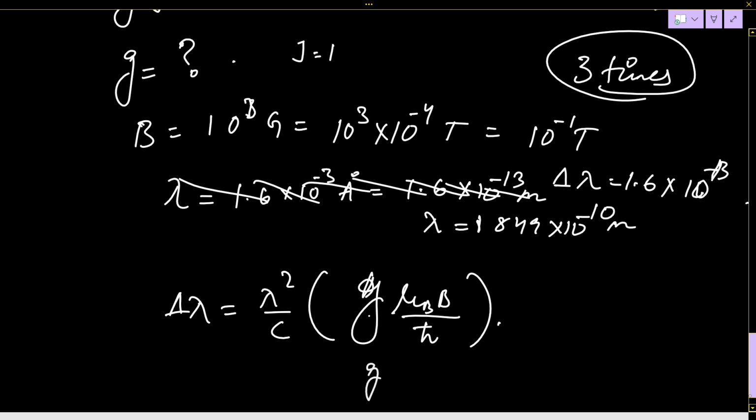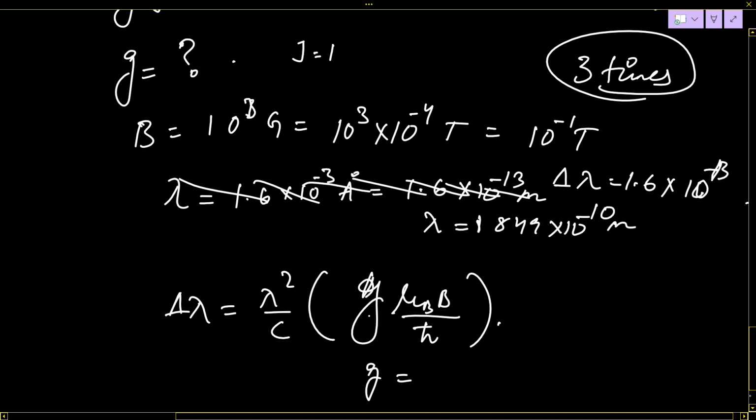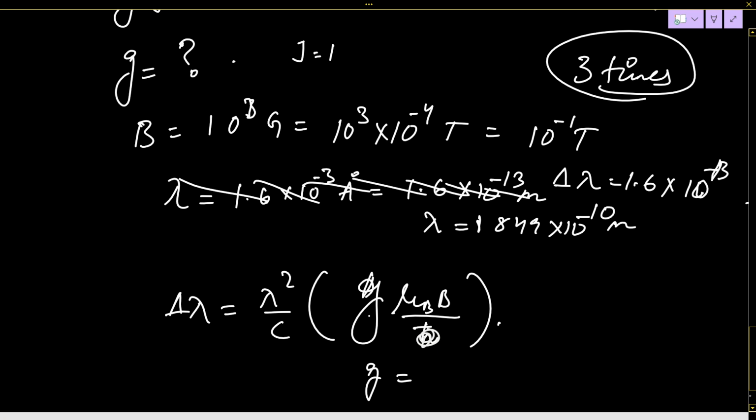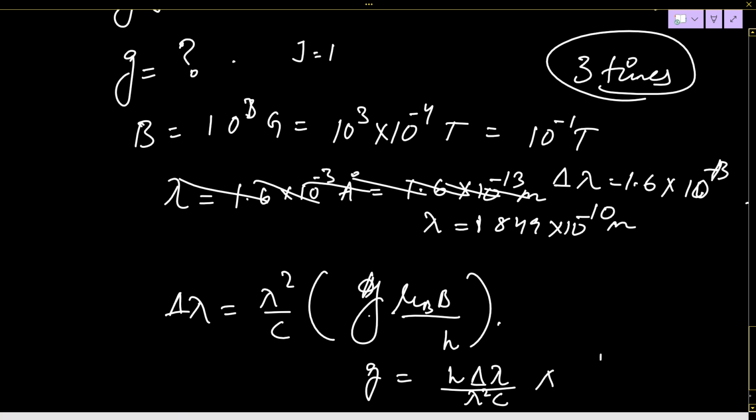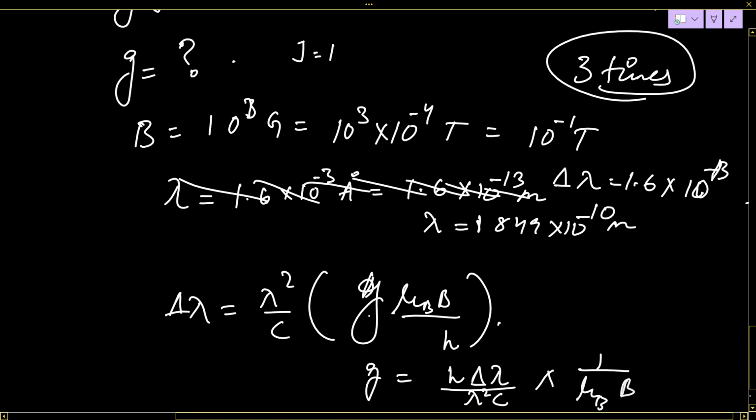It's very simple. So G will be, but everything take to the other side. This is only h. Okay. So h del lambda by lambda square c into 1 by mu b B. Alright? Yes? Yes. Now what?